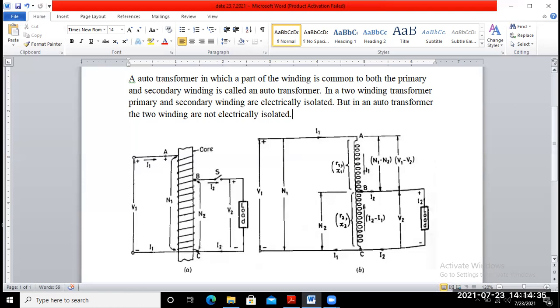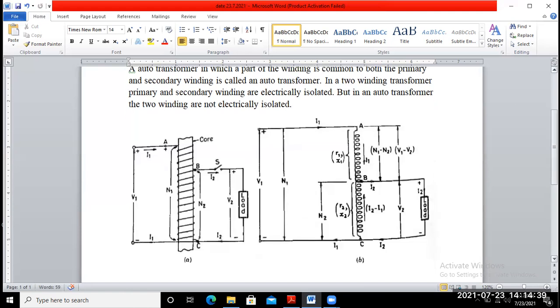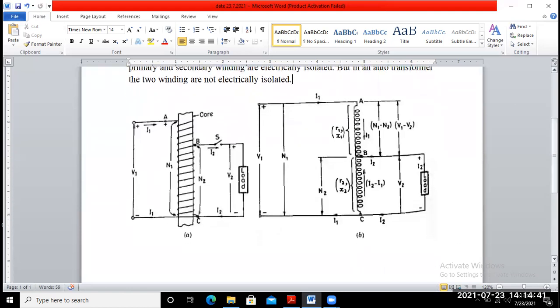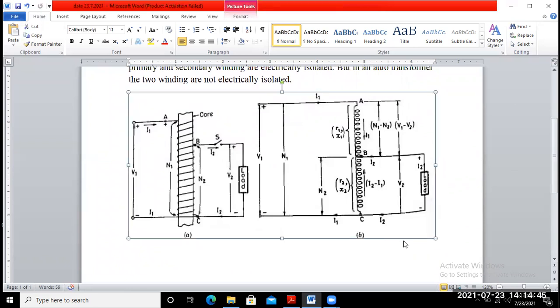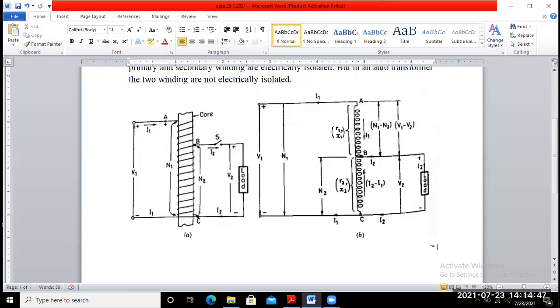Now, as we know, some power will be transferred through the Faraday law of electromagnetic induction, and some power is directly transferred in conduction mode. This will be discussed in a later part.